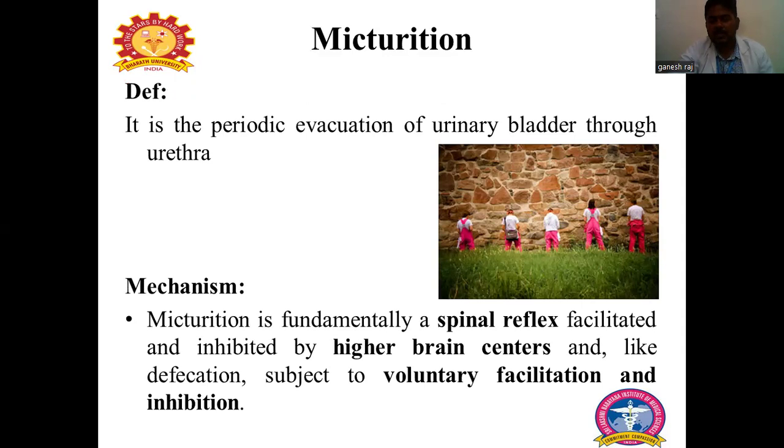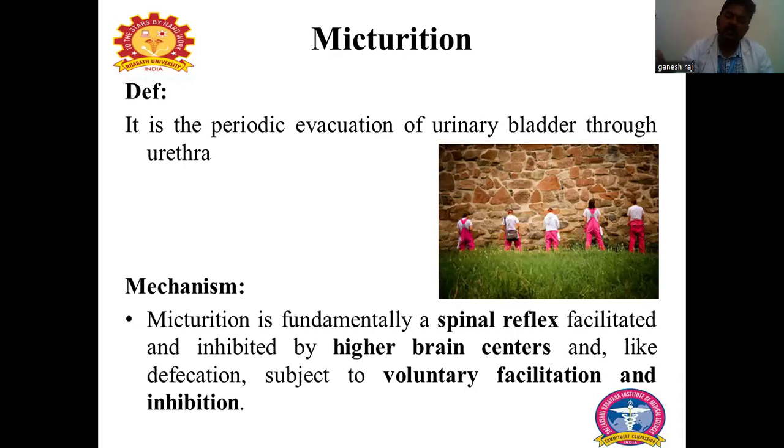Usually micturition happens via a reflex, a spinal reflex. Micturition happens through the spinal reflex only, but it can be modulated. It can be facilitated or inhibited by your higher brain centers.